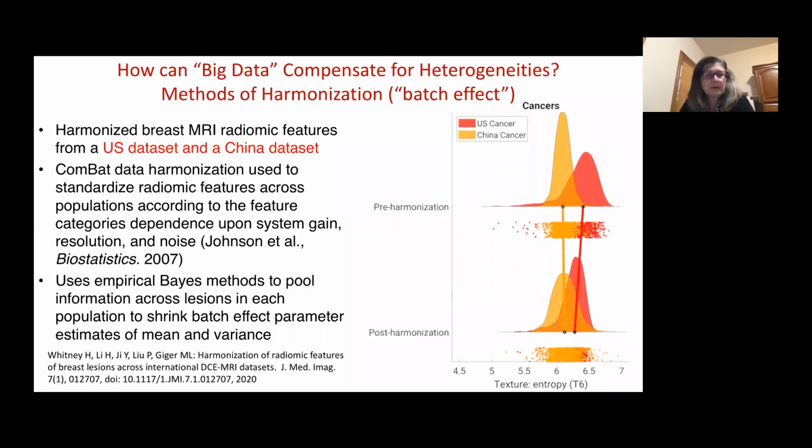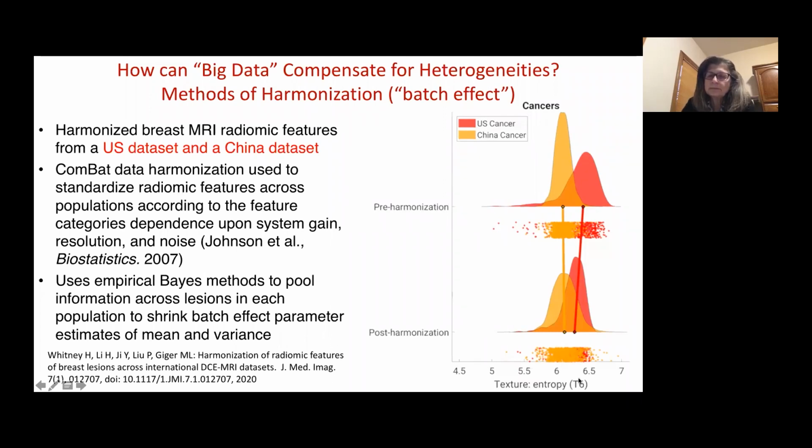Here's an example that Whitney looked at in attempting to harmonize MRI radiomic features across two data sets, one from the US and one from China. She used the ComBat data harmonization feature. And if we look at this, these are cancers, where the cancers from the US are in red and in China in orange.